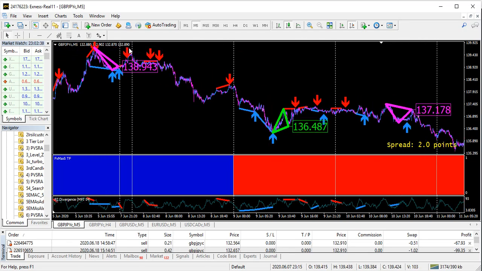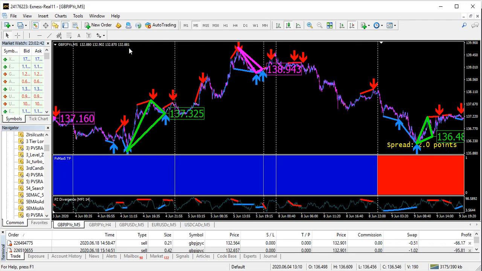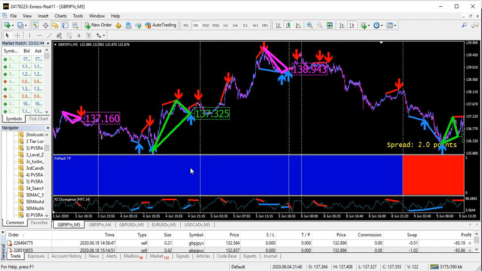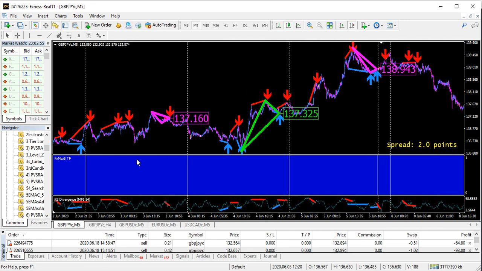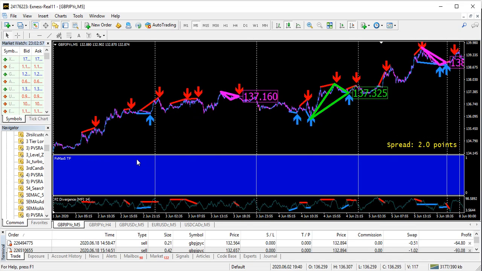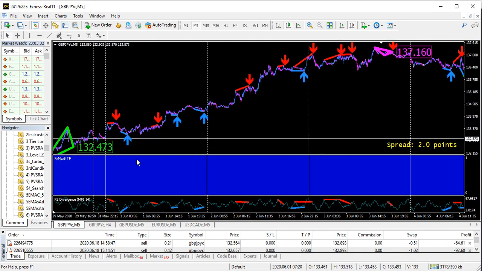Okay, then you have a buy trend. The buy trend, you see this lime color. It indicates the confirmation of a buy. So you wait for a lime color to confirm your buy. Okay, it's as simple as that.